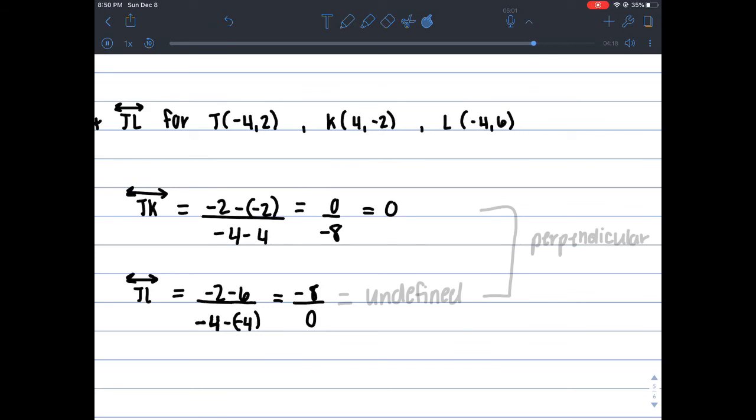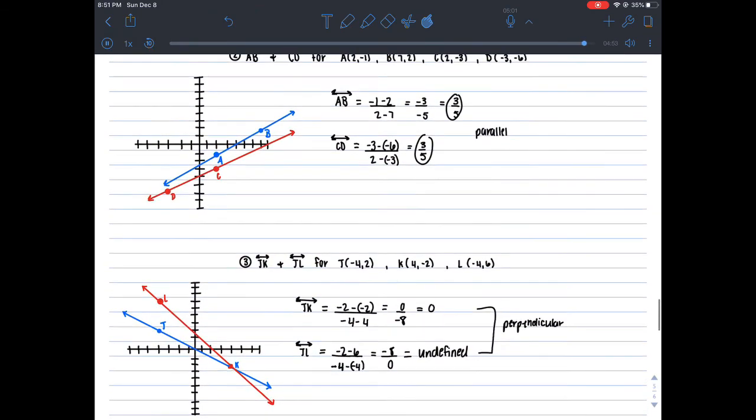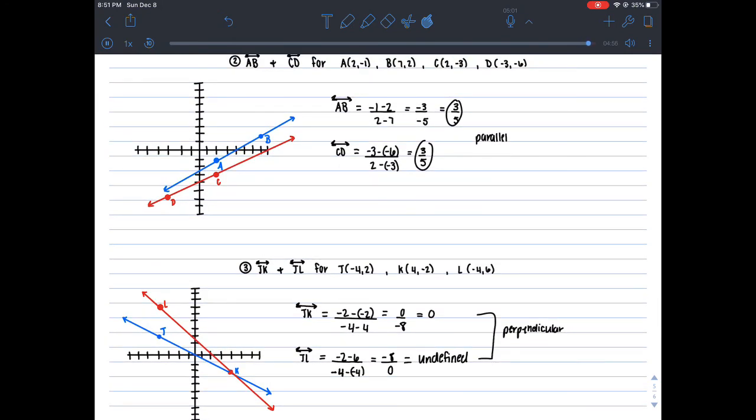The slope of line JL is undefined. So, these two lines are perpendicular. So now you know how to find the slope of a line and how to use slopes to identify parallel and perpendicular lines.